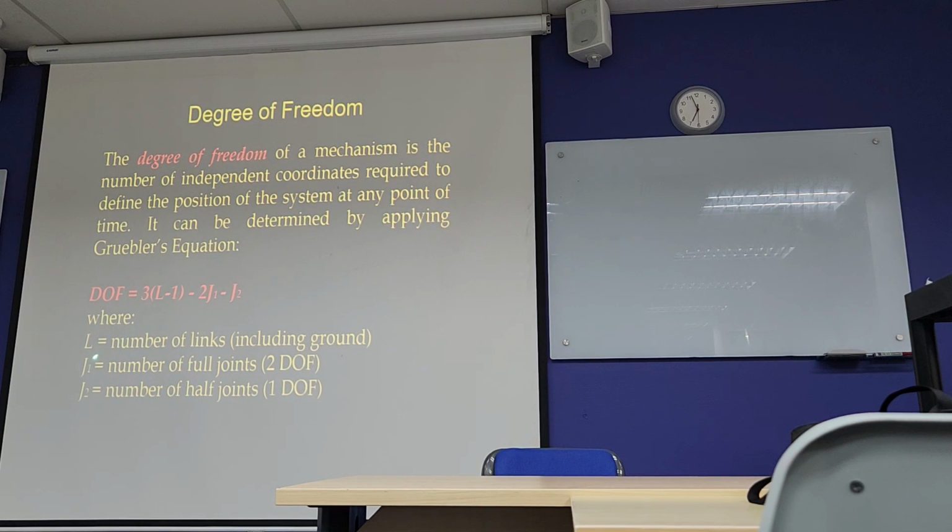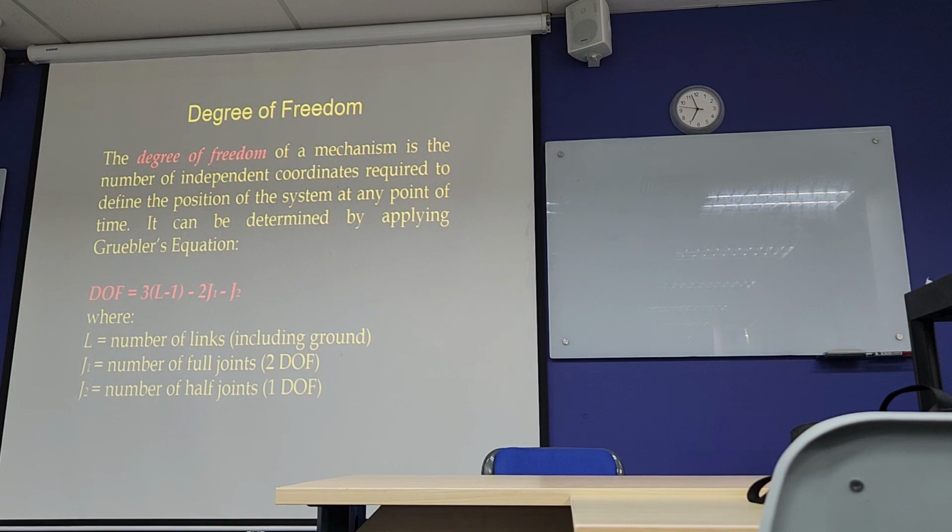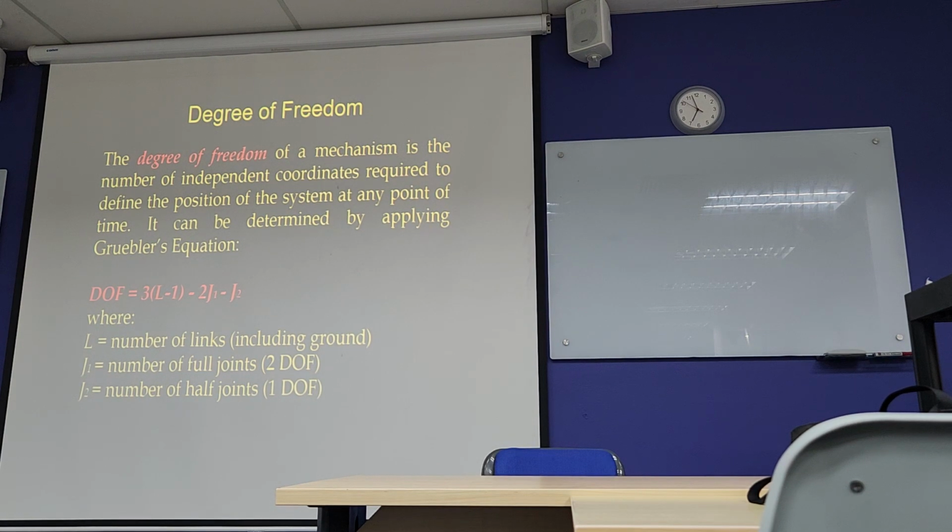Here L refers to the number of links. A mechanism can have many links, and the total number of links in a mechanism we call L. J1 refers to the number of full joints, which are the pin joints and the sliding joints.